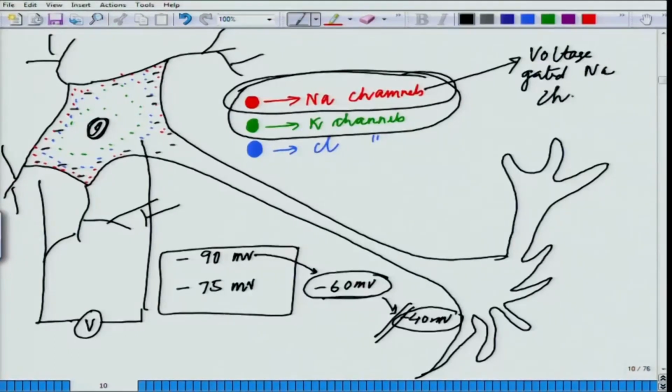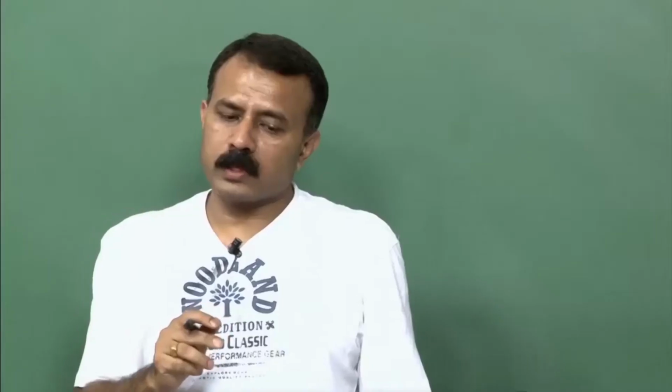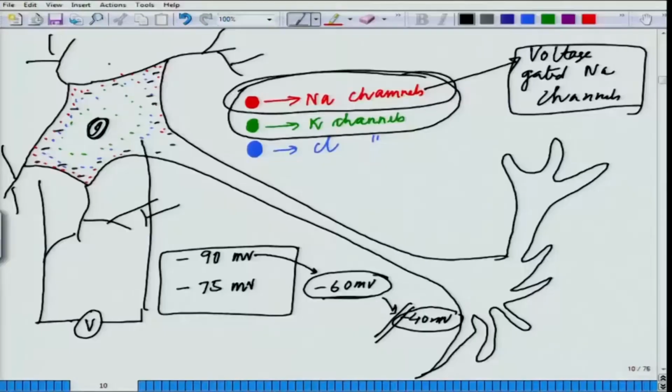And these sodium channels only open to allow the sodium to enter from outside to inside. Is it making sense? So, the sodium can only enter like this inside the cell.